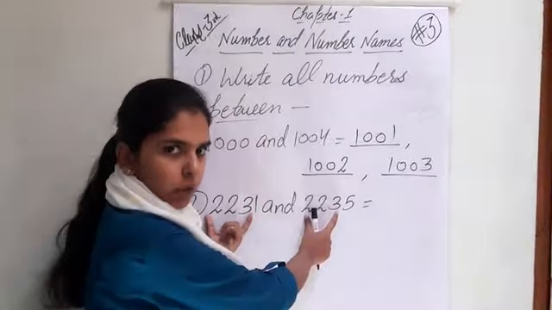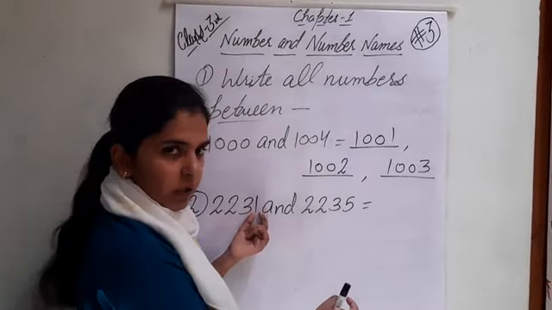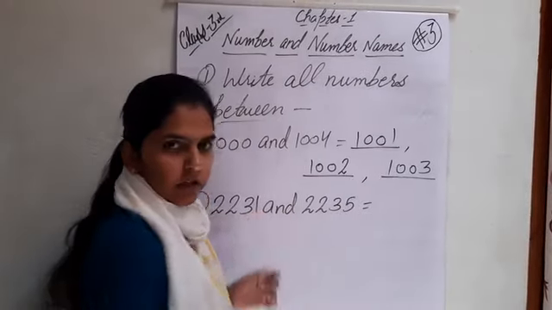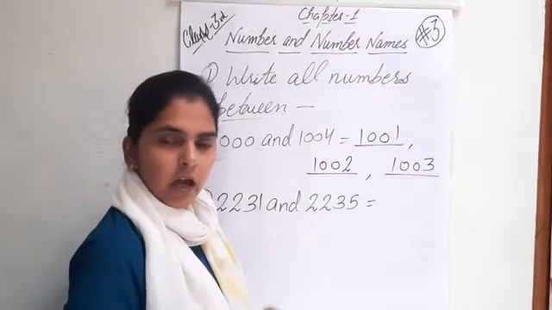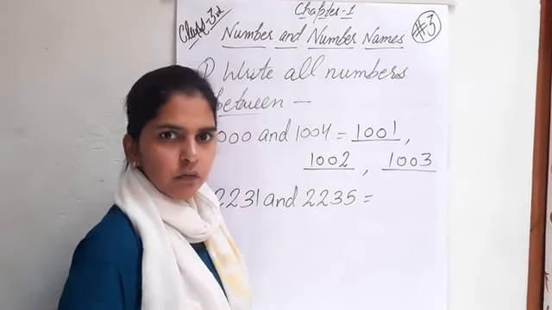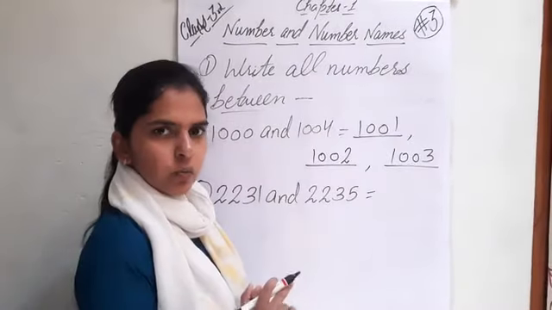The only difference is at the one's place. At one's place there is 1 in the first number and 5 in the second. And I think you all know counting from 1, 2, 3, 4, 5 like that, so there is no need to worry.